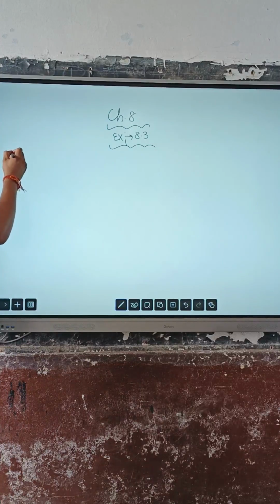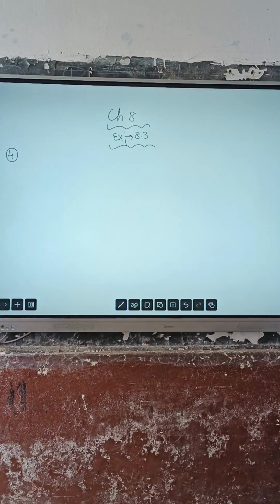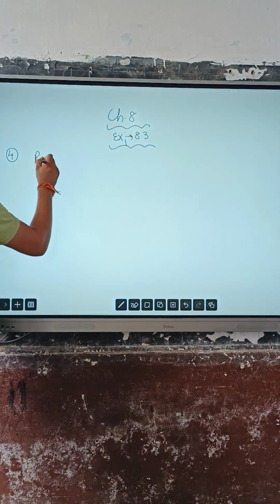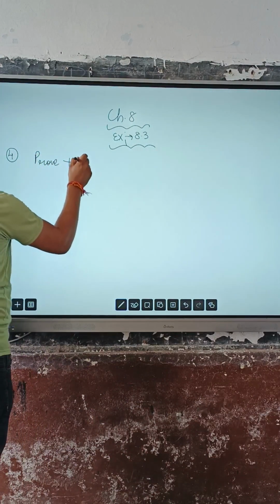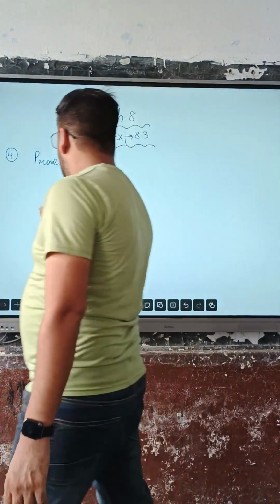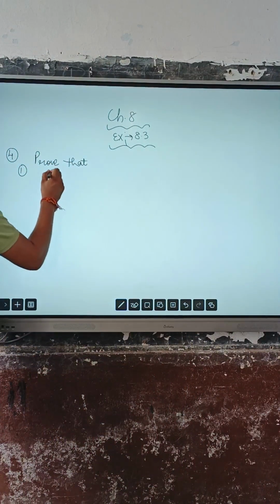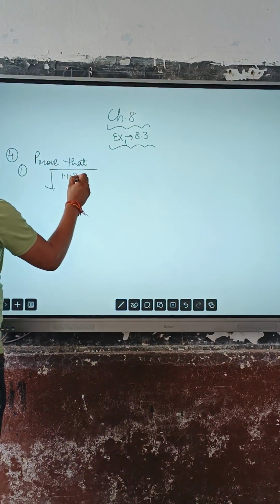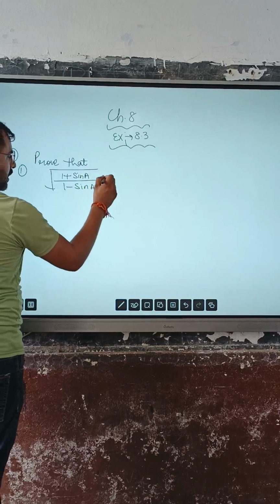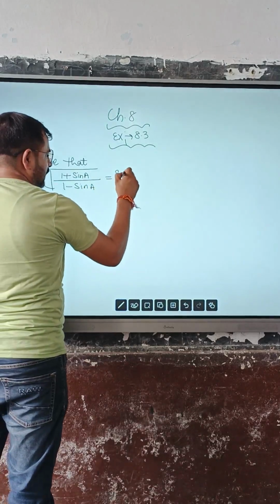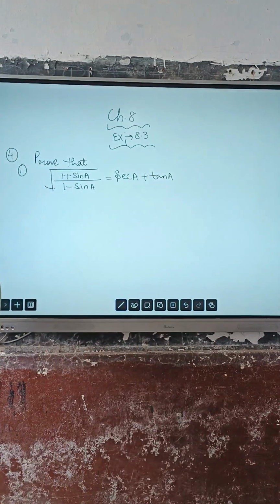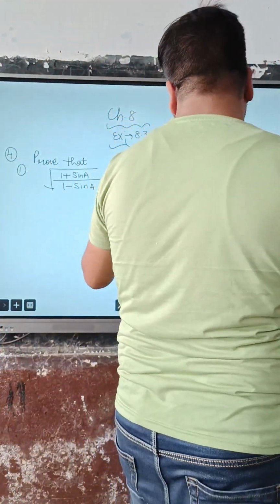Question number 4. Prove that under root (1 plus sin A) over (1 minus sin A) equals secant A plus tan A. So we have to prove left hand side is equal to right hand side.